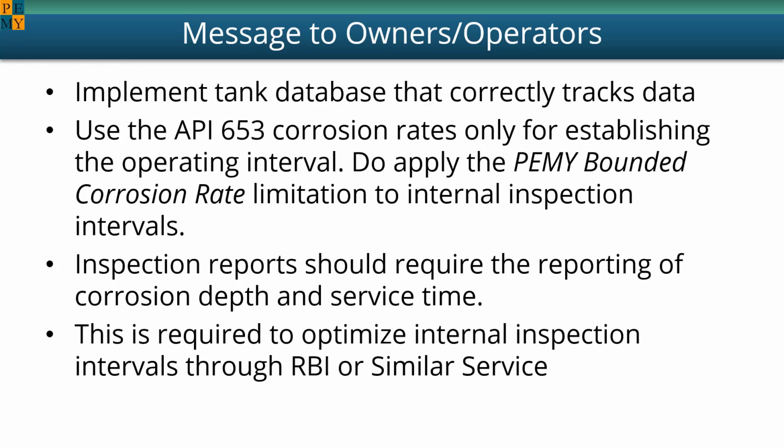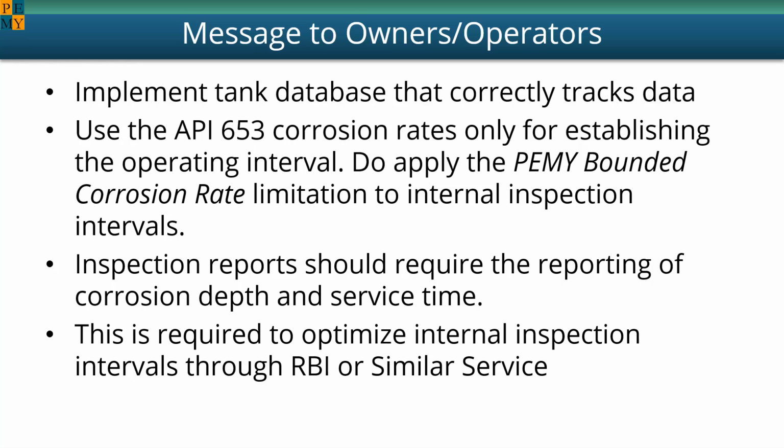In having inspection reports written for you, it's important that they report the actual corrosion condition, the deepest corrosion that has occurred, so that later if you go back and assess the reports for corrosion, you don't have to rely on the reported API 653 corrosion rate, which is incorrect.